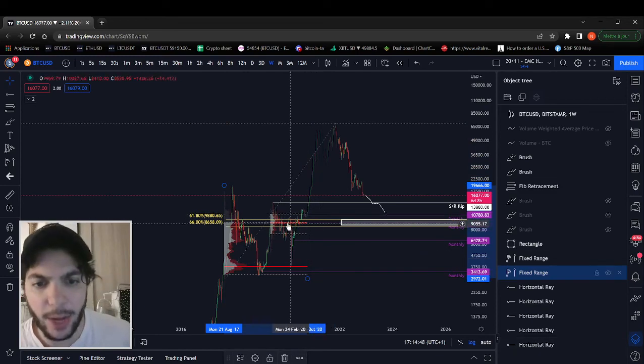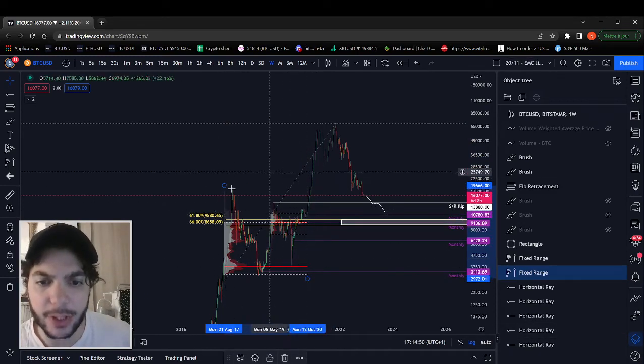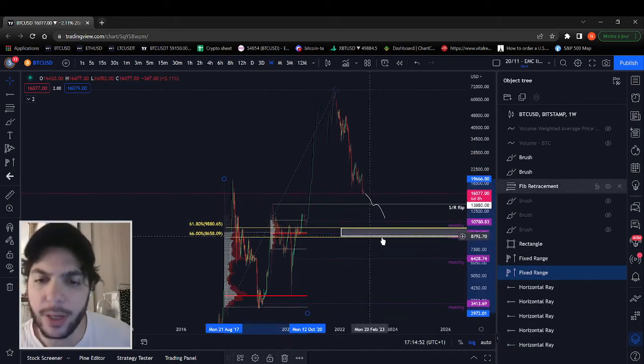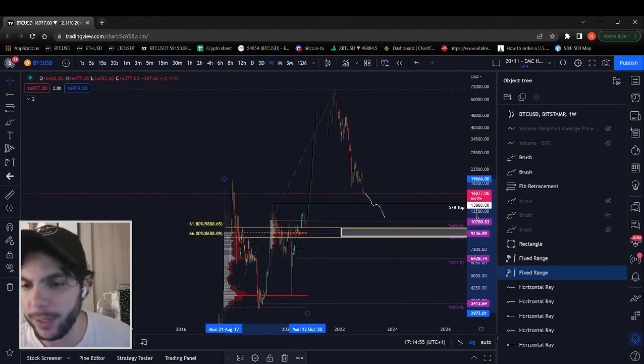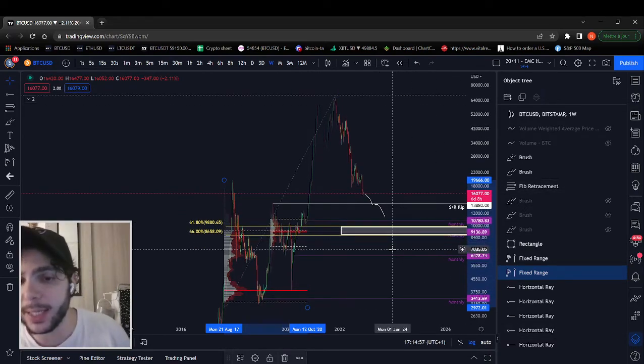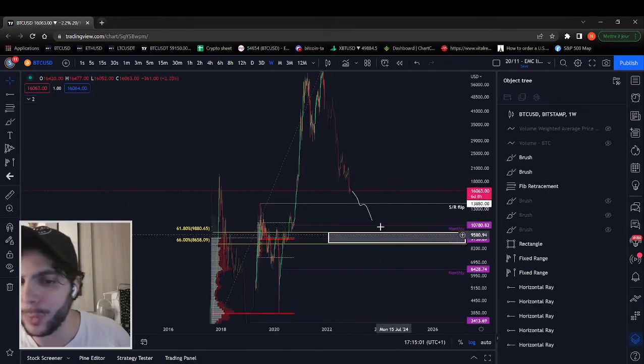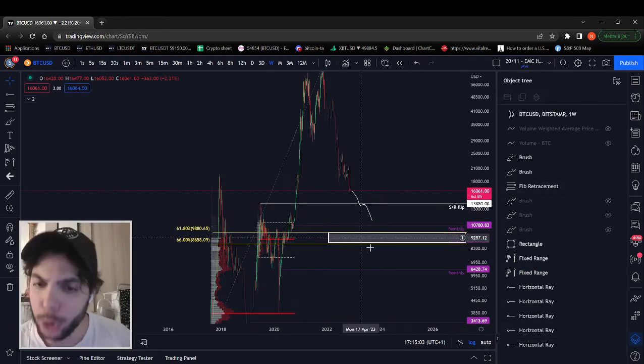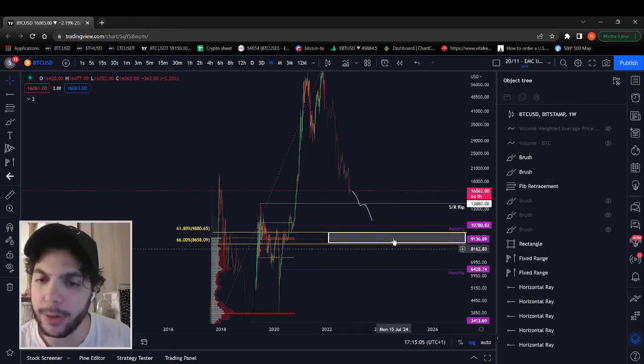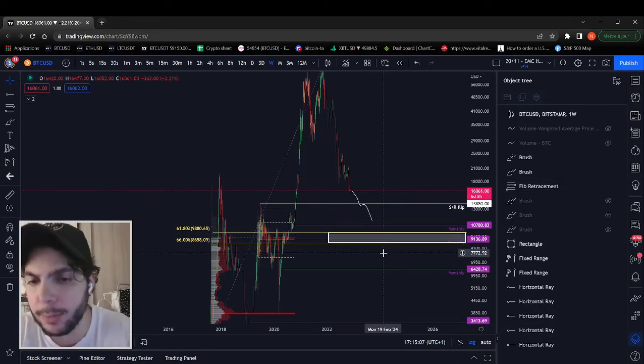You have the value area high of this area of consolidation. You have everything here to tell you that this is going to provide a bounce. It's going to be a high time frame bounce, so don't expect to see it on the 1 minute or anything, but for sure here it would be a very interesting buying opportunity in my mind.